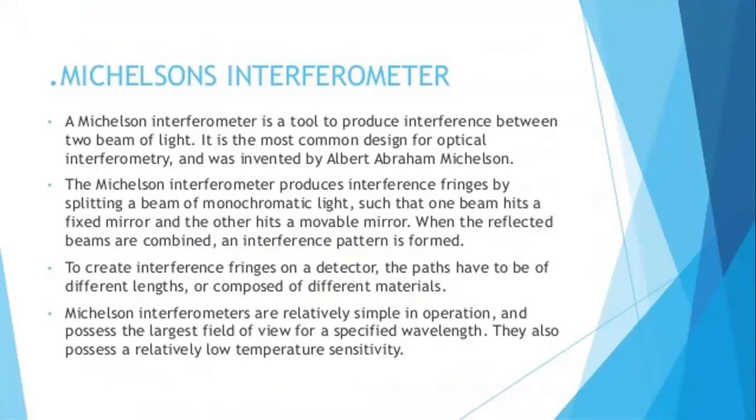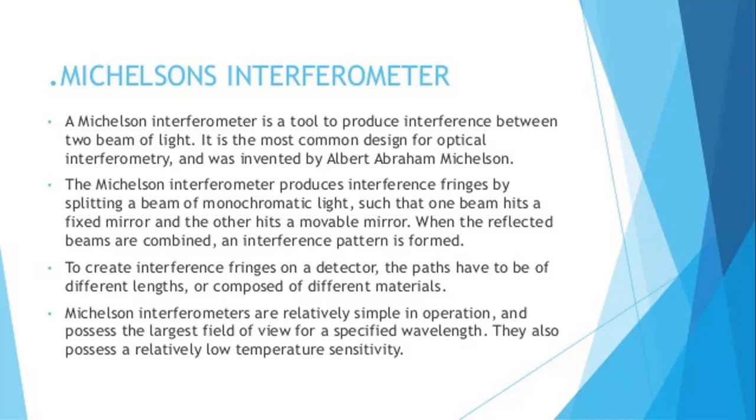It is the most common design for optical interferometry, and it was invented by the scientist Albert Abraham Michelson, so the name comes directly from the scientist. The Michelson's interferometer produces interference fringes by splitting a beam of monochromatic light.